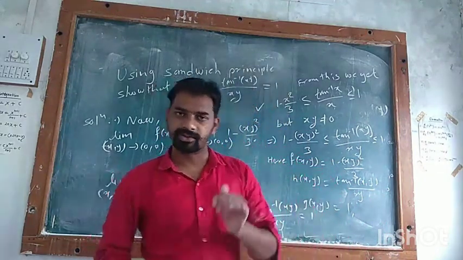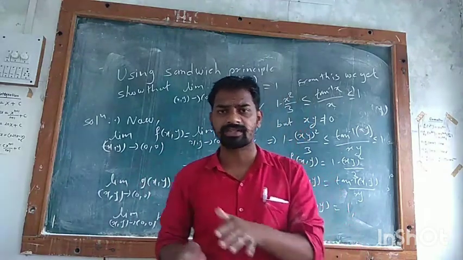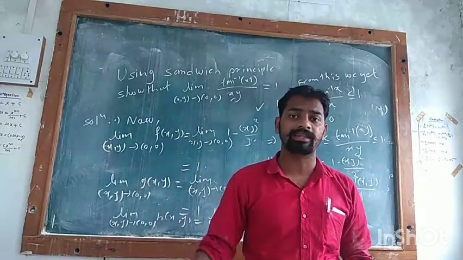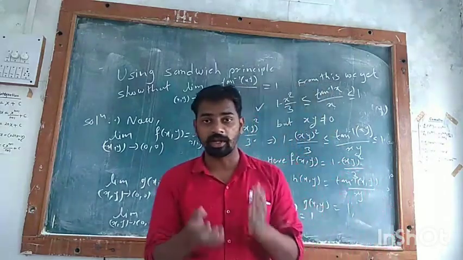Okay, therefore by using sandwich theorem, what is sandwich theorem? If f of xy is less than or equal to h of xy is less than or equal to g of xy and the limit of f of xy and g of xy is L, then limit of h of xy is L. So we are finding the limit of f of xy.